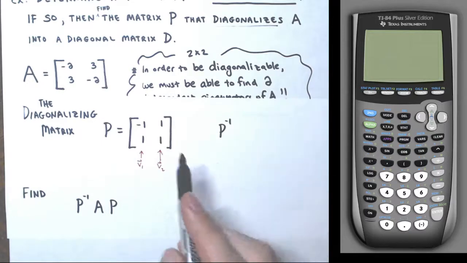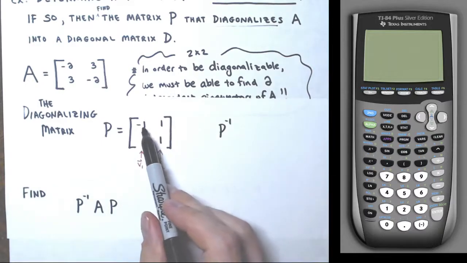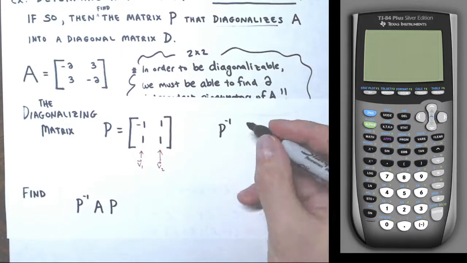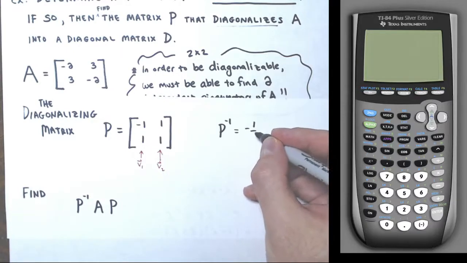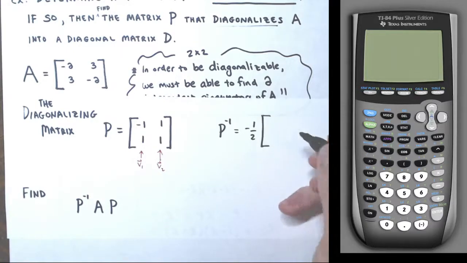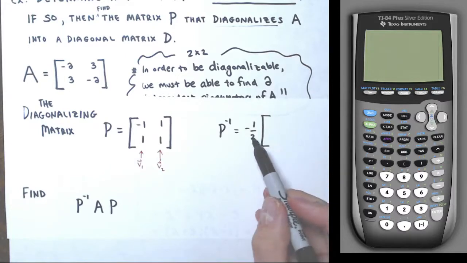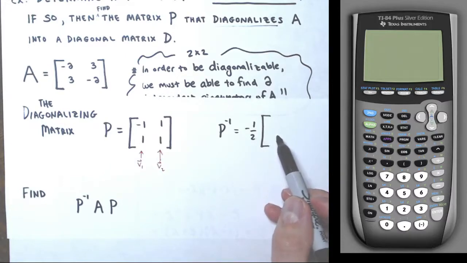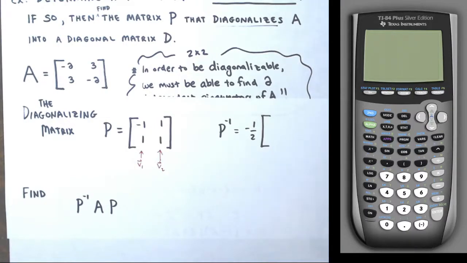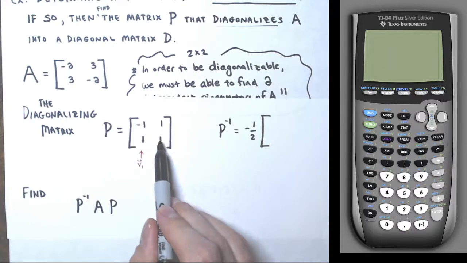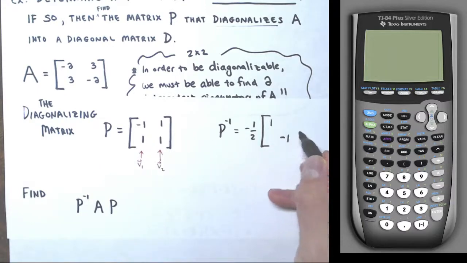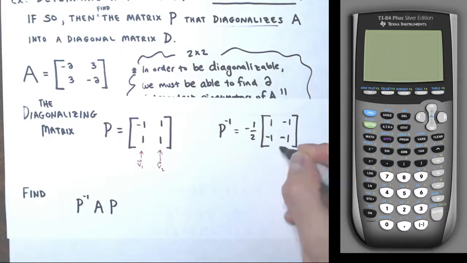The determinant is -1 minus 1, so it's -2, meaning I take -1/2 times the adjoint matrix, the reciprocal of the determinant times the cofactor matrix transpose. For a 2 by 2, that's just switching the main diagonal entries and taking the opposites of the other entries. If you want to multiply the whole thing by -1/2, be my guest, but I'm going to leave it like that.